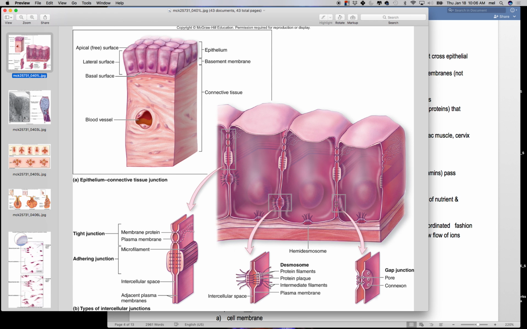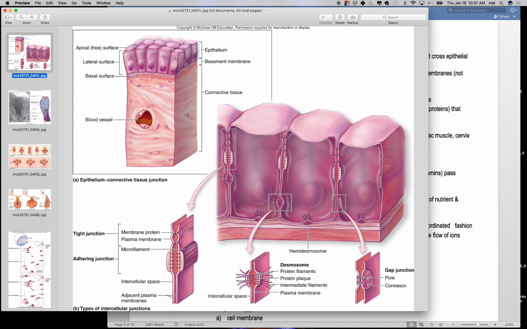Desmosomes are strength, and tight junctions are impermeability, exactly. So, what if you had a tissue that needed both strength and communication? You'd use both, right? You'd use desmosomes and gap junctions.